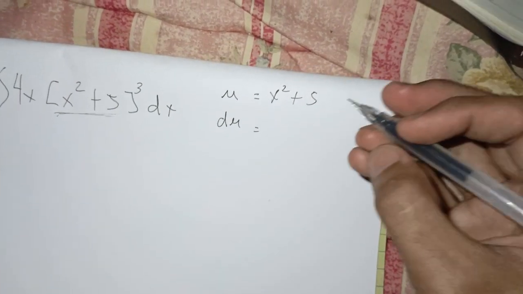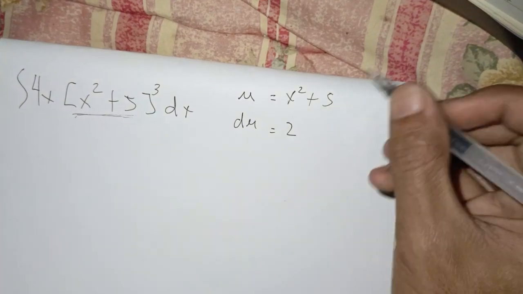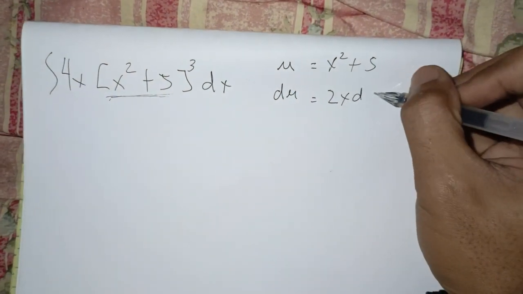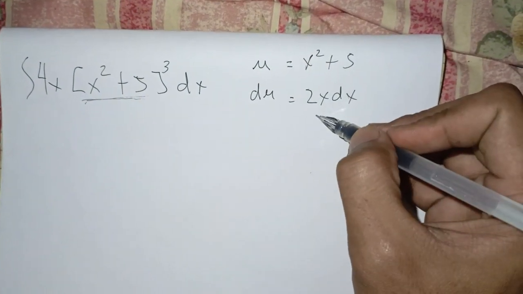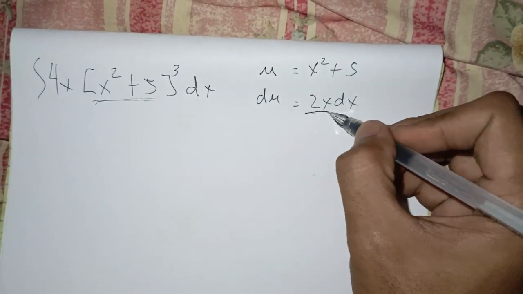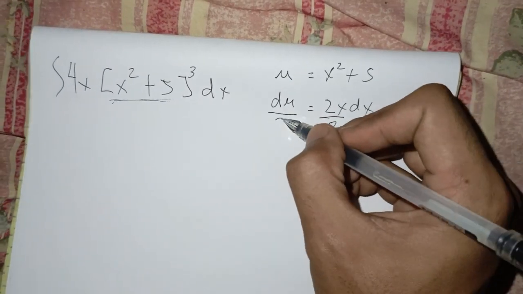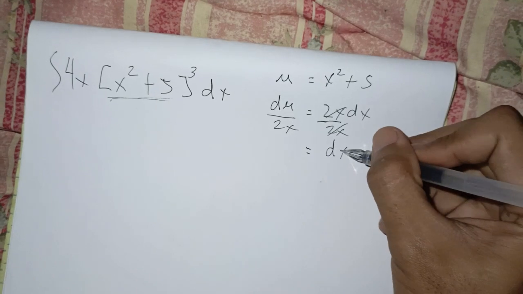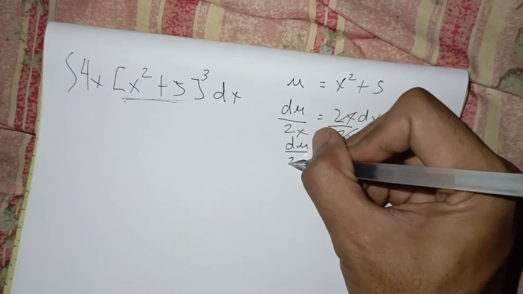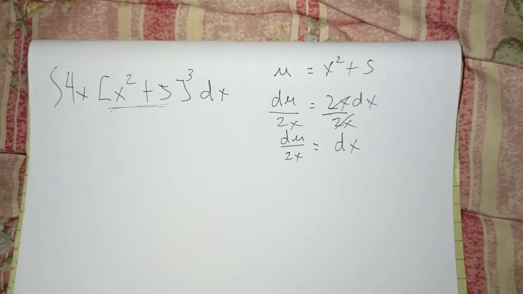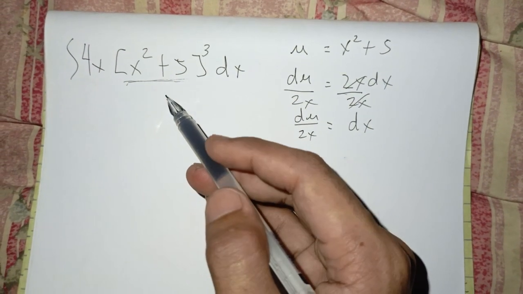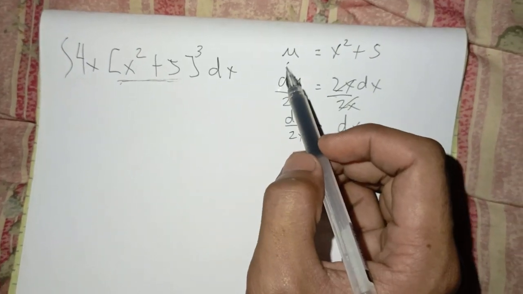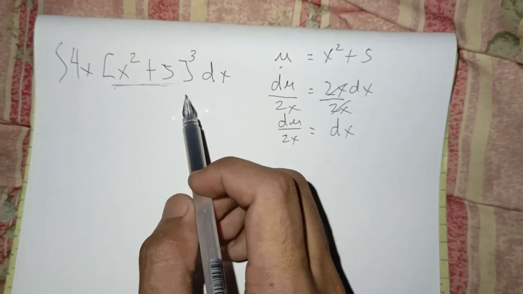The derivative of x squared is 2x and of 5 is 0, so we don't worry about that. So du equals 2x dx. To cancel 2x, we divide both sides by 2x, so our dx is du over 2x. We replace x squared plus 5 by u and dx by du over 2x.